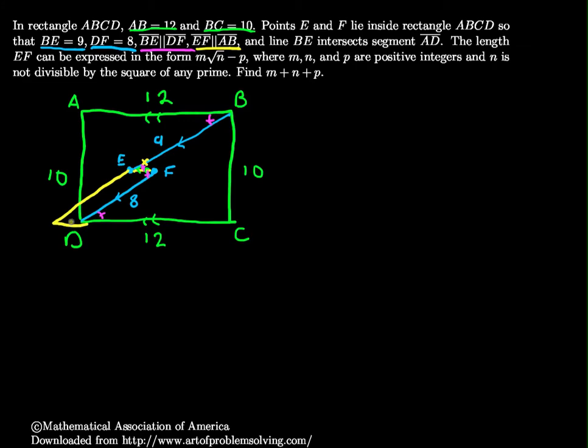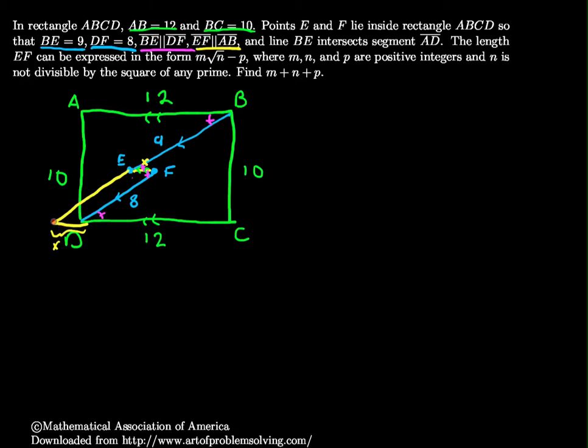Okay, then I know that this measure right here is X. And because of these angles, I know that this is supplementary, so I actually have a straight angle here.